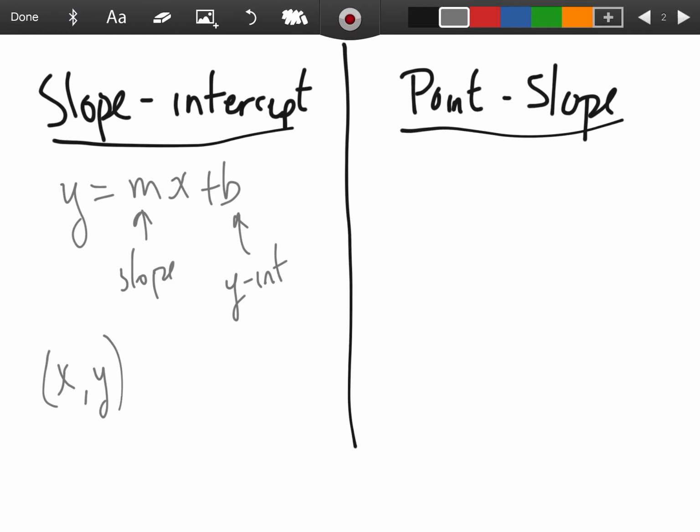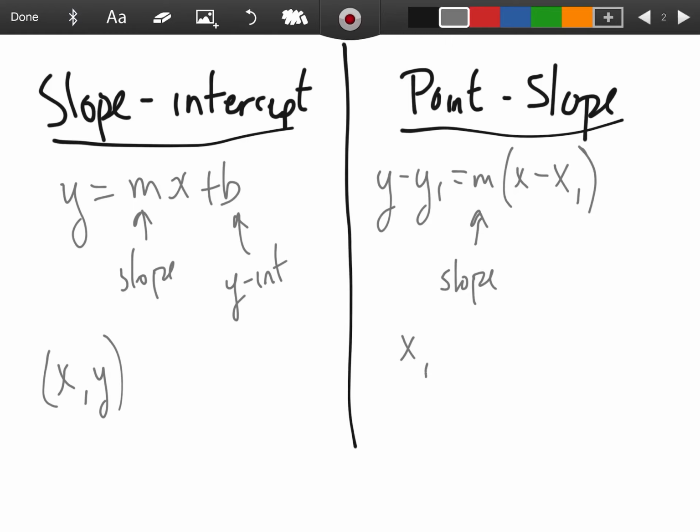And then point-slope form, this one maybe is not used as much. However, it's going to be really important, especially in calculus. So point-slope is y minus y1 equals m times x minus x1. And later on in the year, we are going to work with transformations, and that is exactly what this equation is based off of. So this m right here still refers to our slope.